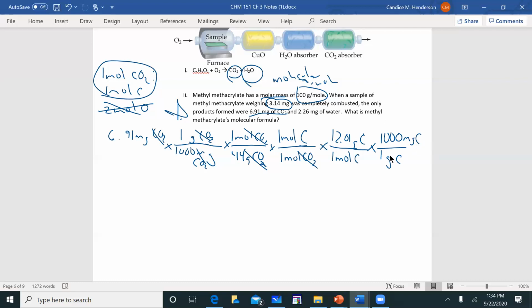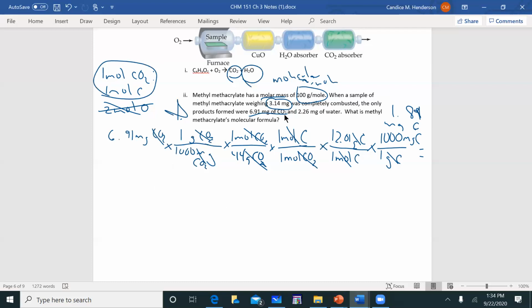So yes, your dimensional analysis can get very long. But this system is going to be the same for every combustion analysis. So this first one is going to hurt the most, and then they should just sort of feel like a repeat. At the end of all of this, when I plug this into my calculator, I end up with 1.89 milligrams of carbon in that original sample.